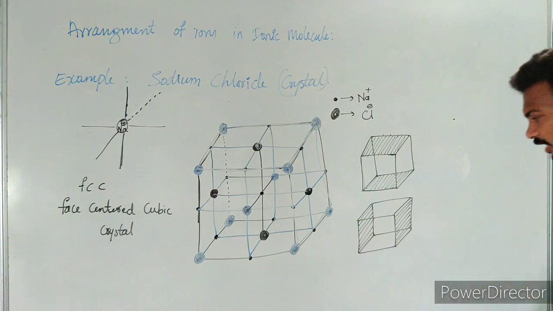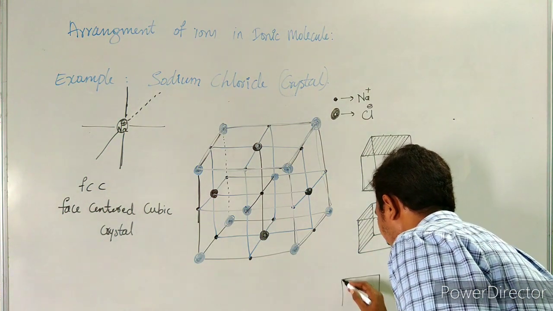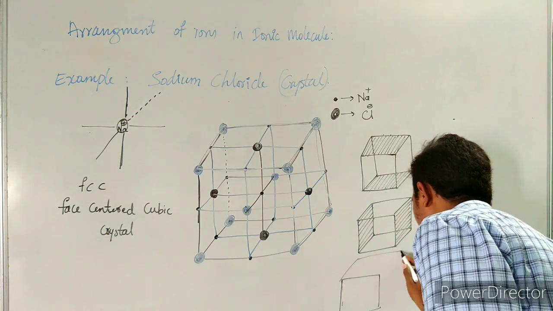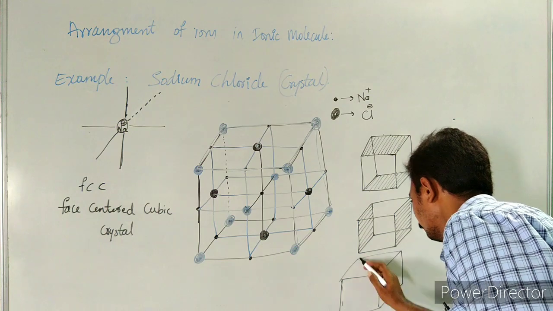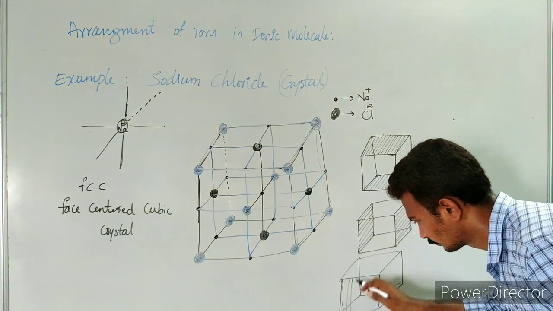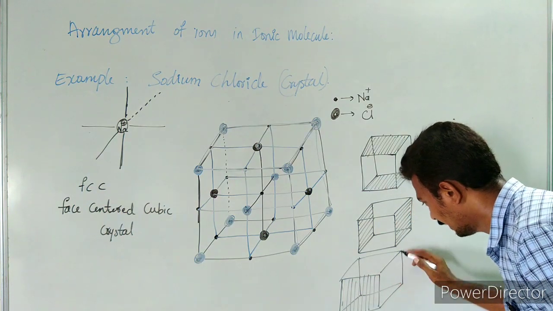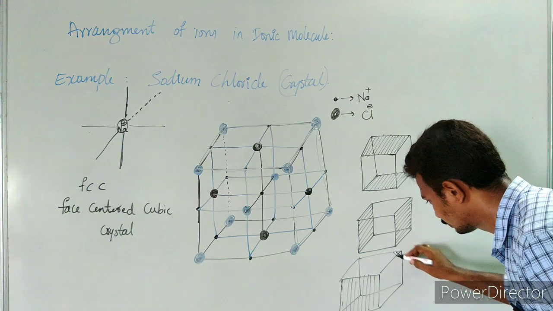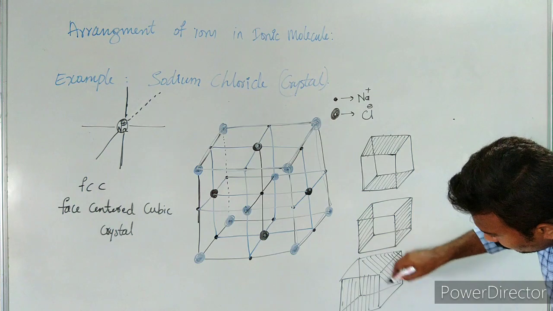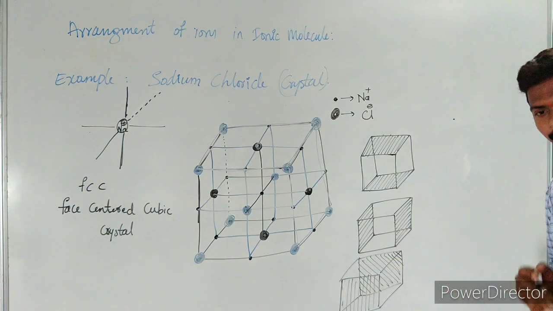Left and right. Top and bottom is over. Now let us see again front and back. This is a front face and this is a back face. I will show the back face with the cross lines. Front and back face.